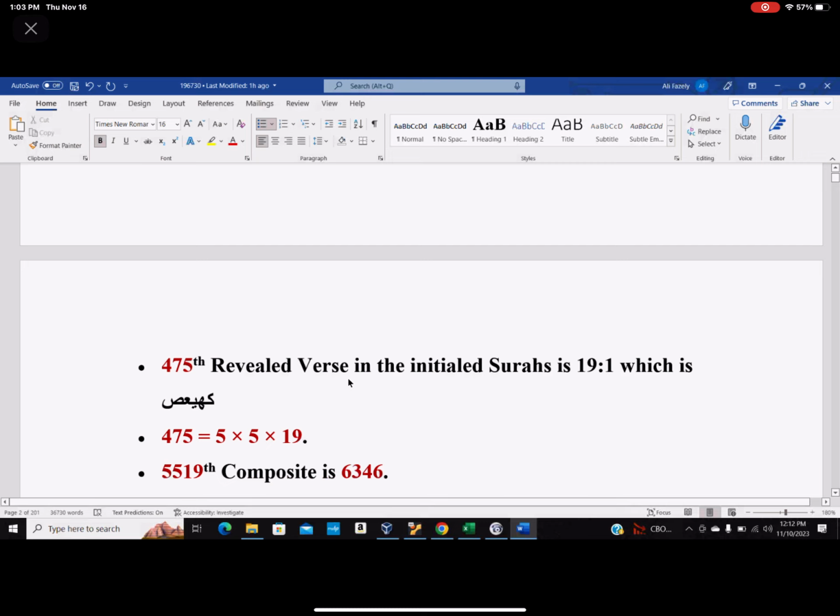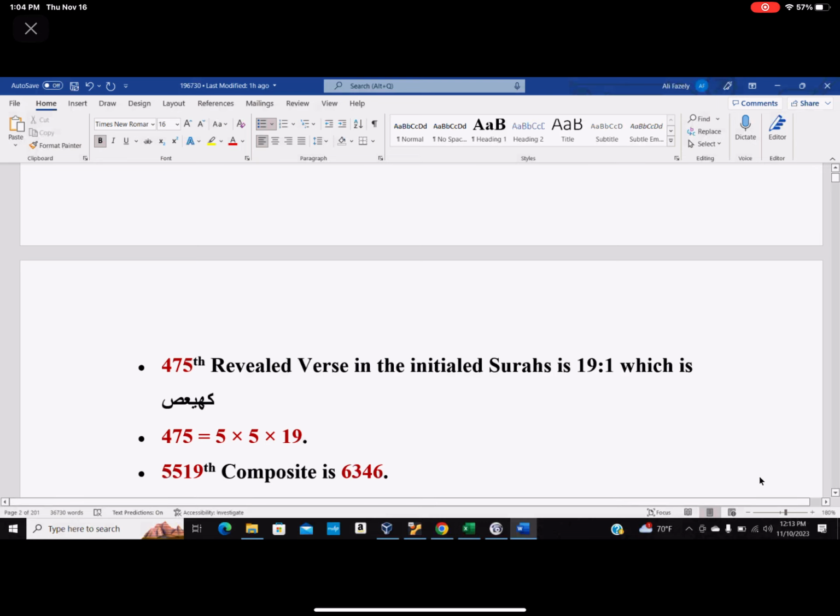Oh, there it is. 475th revealed verse in the initial surahs is 19.1, which is Kaf, Ha, Ya, Ain, and Sad. Can you imagine that? So you can take it two ways. You can say the 475th revealed verse in the initial surahs generates the frequency of Kaf, Ha, Ya, Ain, and Sad in chapter 19, or the other way around, that the frequency of those 5 letters in chapter 19 forces that verse to be 475.